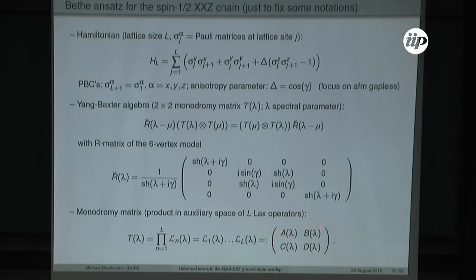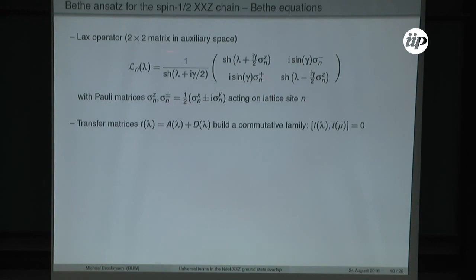The matrix structure is in the auxiliary space, and A, B, C, D are operators acting in the Hilbert space of the spin chain. The Lax operator is written in terms of the local spin operators in this way. And from Yang-Baxter symmetry, if you look at the trace of the monodromy matrix, which is called the transfer matrix, it commutes for all spectral parameters lambda and mu. This is the heart of integrability, actually.